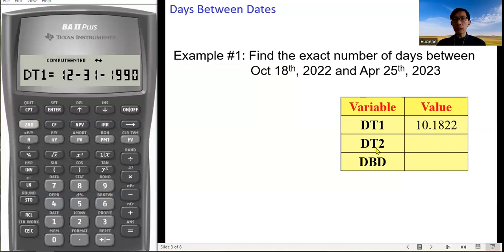For the variable DT2, April 25th, 2023, for the month, we can input as 04 or simply the one digit 4. It does not matter. So I have 4, the decimal point, and then the day 25, the last two digits of the year 23.